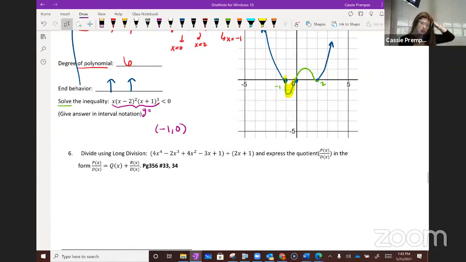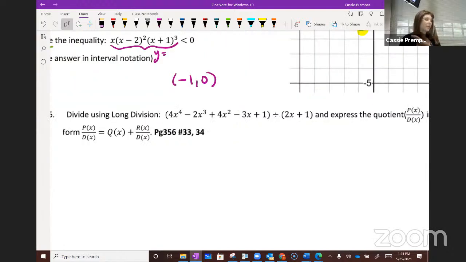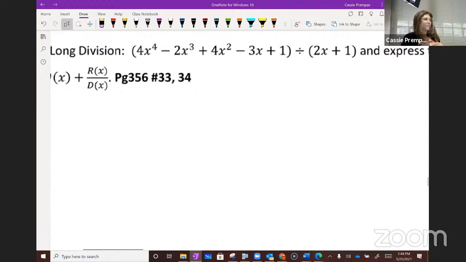All right, chapter 3, we also learned for number 6 how to use the process of long division. You guys remember this? I think you'll remember it after a quick review. You can do this. Okay, first you check for any missing terms. There are no missing terms here. So then I'm going to put the large or the first number underneath the divide sign.